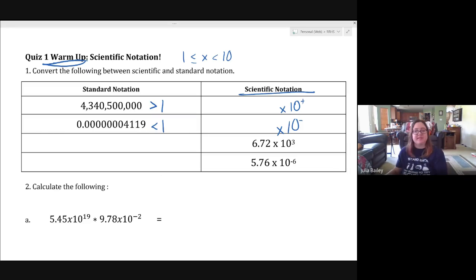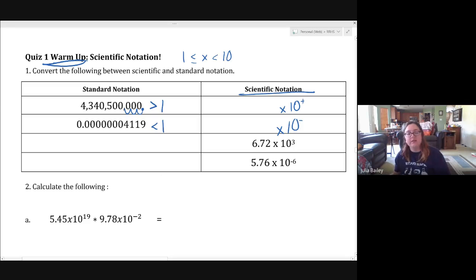Something to think about. That's like a fancy math way of writing between 1 and 10. And that means you're going to have to take the decimal point and move it and count how many times you move it. Now, on this top problem, they didn't write the decimal point, but you understand that the decimal point is right next to the ones place, right? There's your ones place, the decimal point's right next to it. So you know where it is, and then you're just going to keep moving that decimal point.